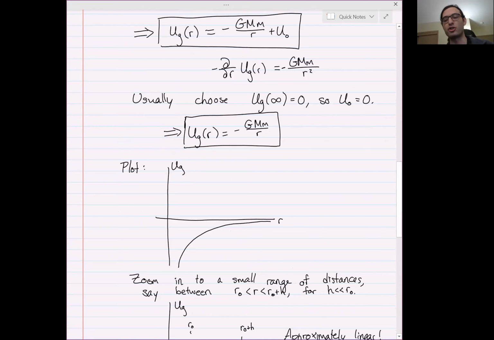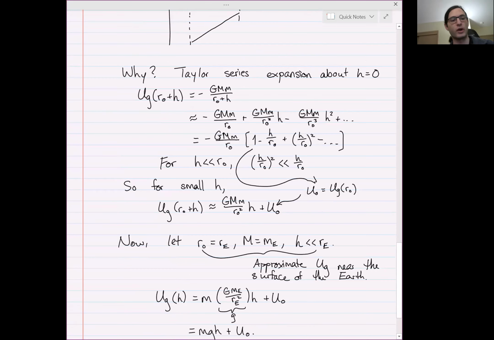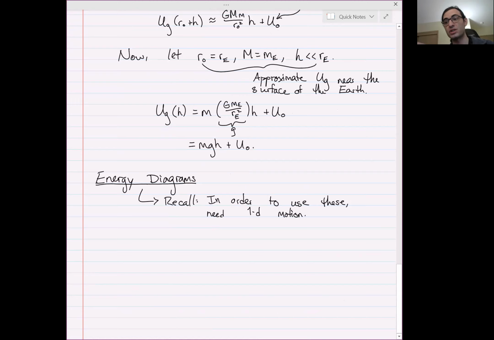In principle, it's three-dimensional motion. More specifically though, at least for stable orbits, the motion takes place in an ellipse, which means it's two-dimensional motion. So how is it that we can use an energy diagram to describe this type of motion?